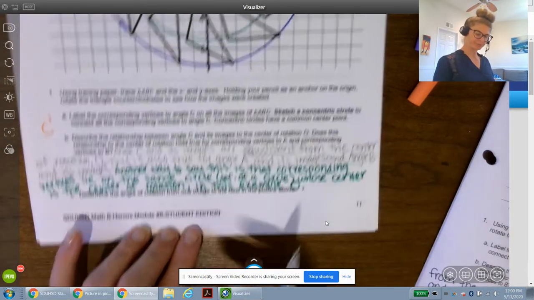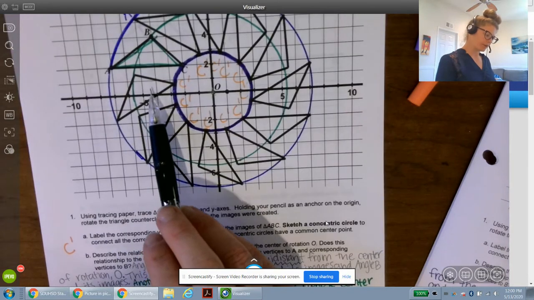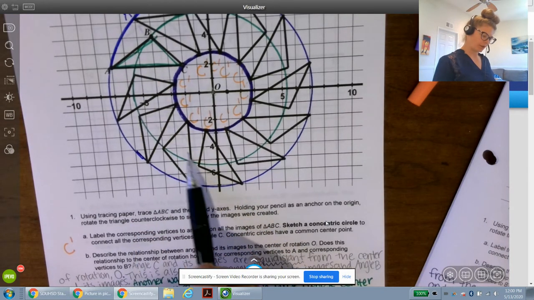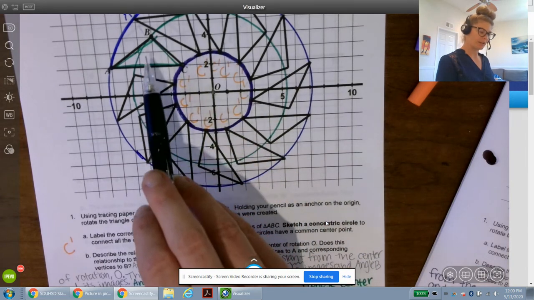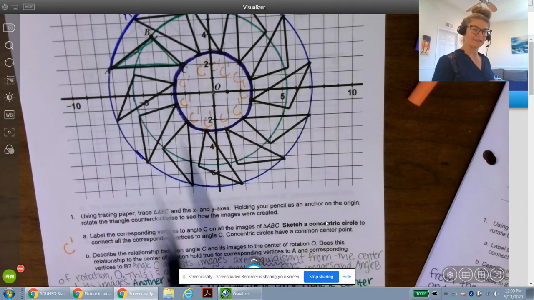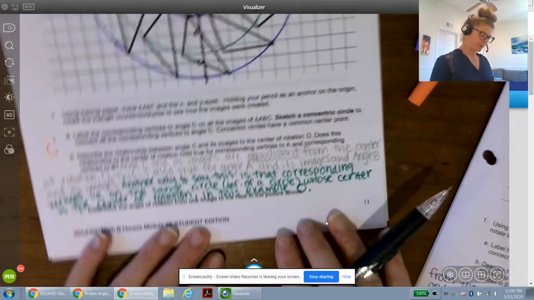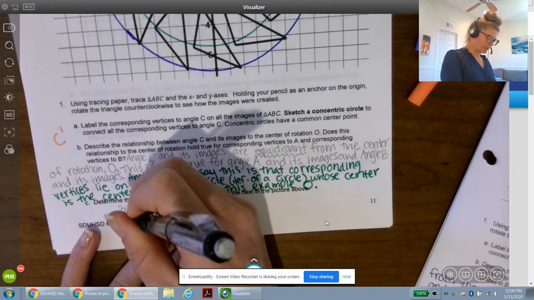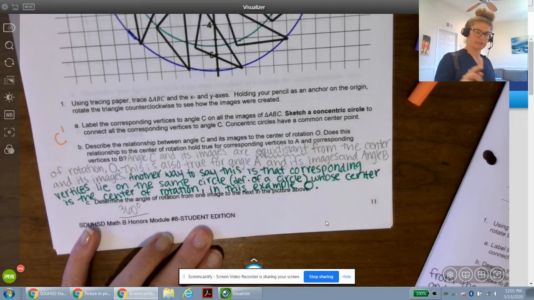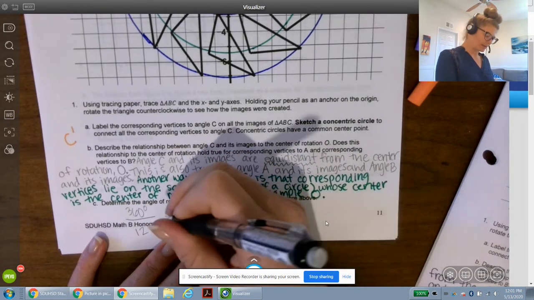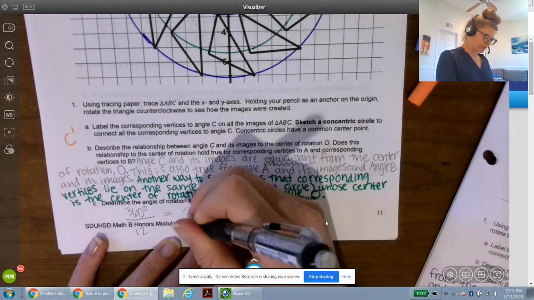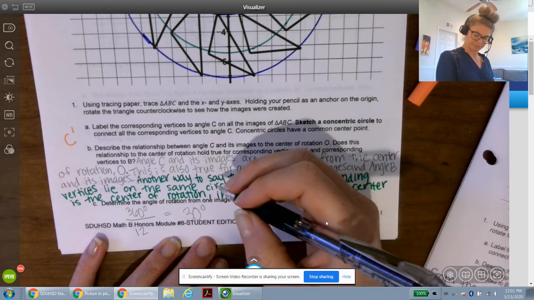And how many triangles did we make? Well, if we count them, we go 1, 2, 3, 4, 5, 6, 7, 8, 9, 10, 11, 12. We have to rotate 12 times to get back to our original. So if we take 360 degrees, one whole circle, and divide it by 12, the number of triangles we made, we get 30 degrees.